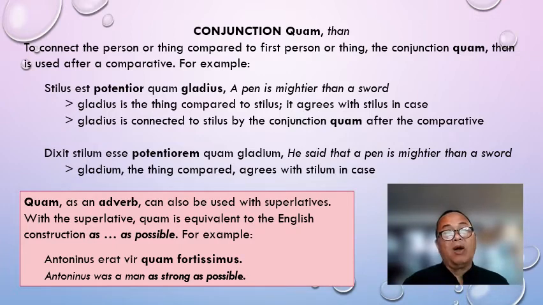In this case, quam is the modifier of fortissimus. So that's why in English it is as strong as possible. So that is the special usage of quam as an adverb, not as a conjunction. But as a conjunction, quam is regularly used with the comparative.